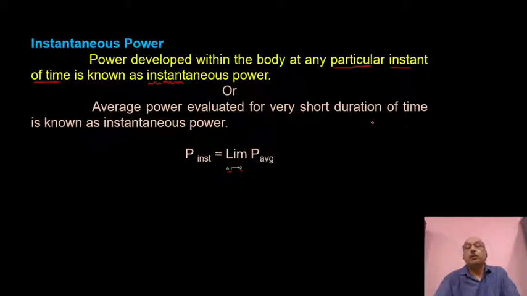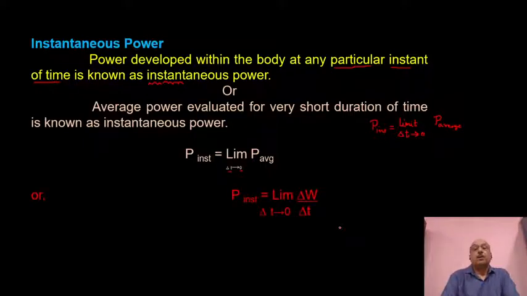So instantaneous power is equal to the limit, as delta t tends to zero, of P average. Or we may write the value of P average as sigma delta W by sigma delta T.